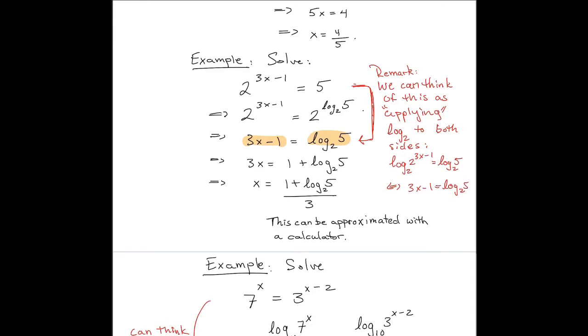So we can then add 1, divide by 3 to get the answer x is equal to 1 plus log base 2 of 5 over 3. We can approximate this on a calculator again using the change of base formula to evaluate this, and then we'll add 1 and divide by 3.